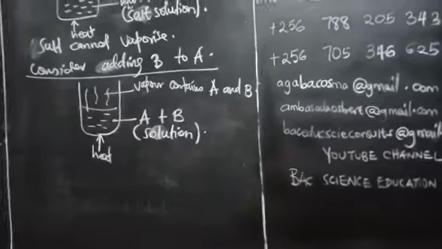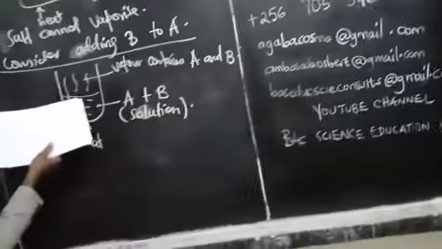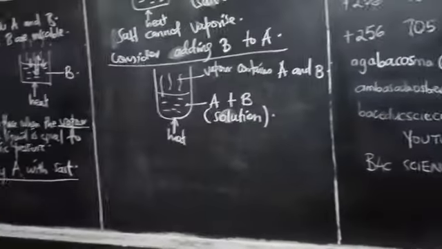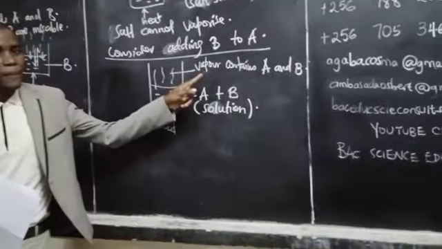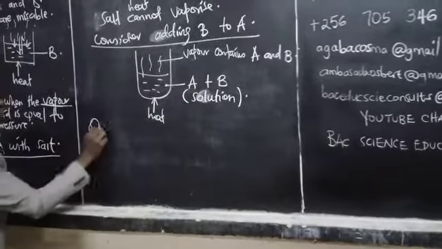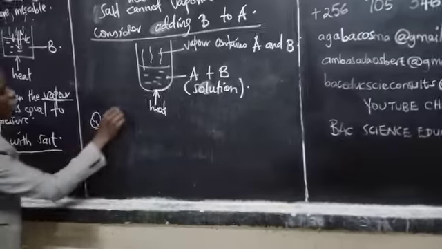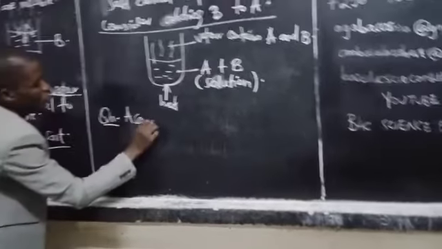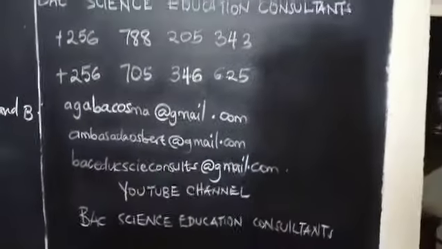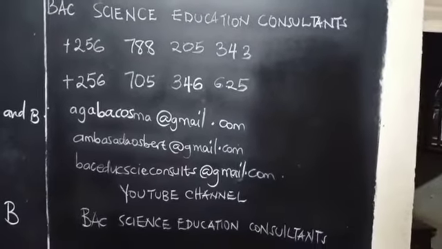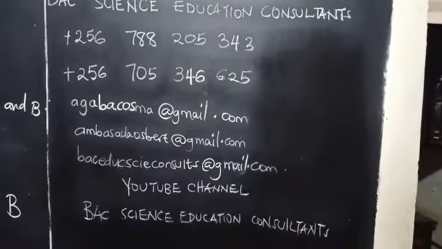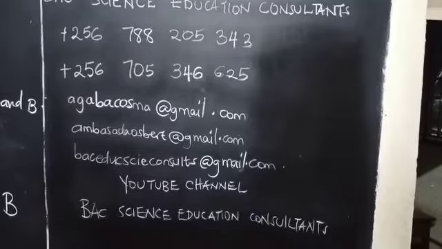When you boil these two, which of them will be more in the vapor? This question is simple. Assume A boils at 100 degrees Celsius and B boils at 78 degrees Celsius.